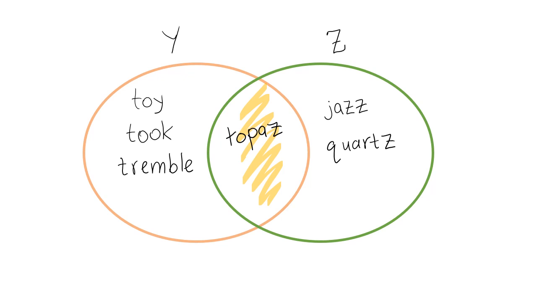Another thing you'll notice, though, is the other examples I have. So like tremble, that's a word that is in Y set minus Z, right?